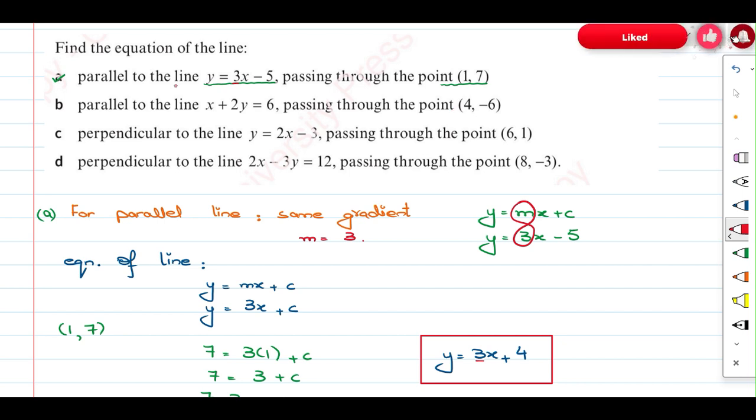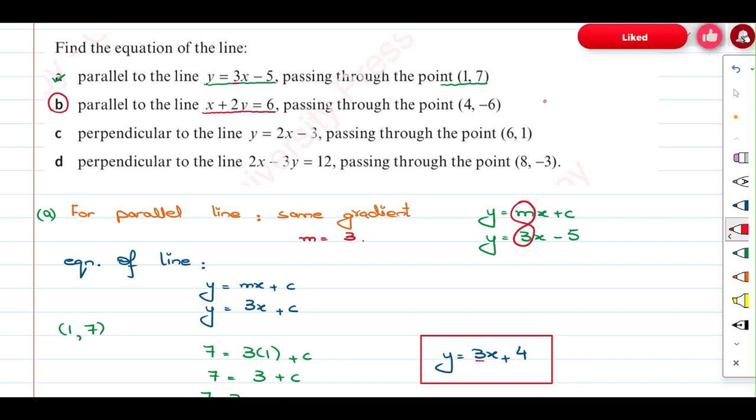Okay, I'm going to assign you part B as practice. Again, it's a concept of parallel. But in part B, there is one more concept which I taught you in the previous video: how do we convert the equation into the form y equals mx plus c, the slope-intercept form?